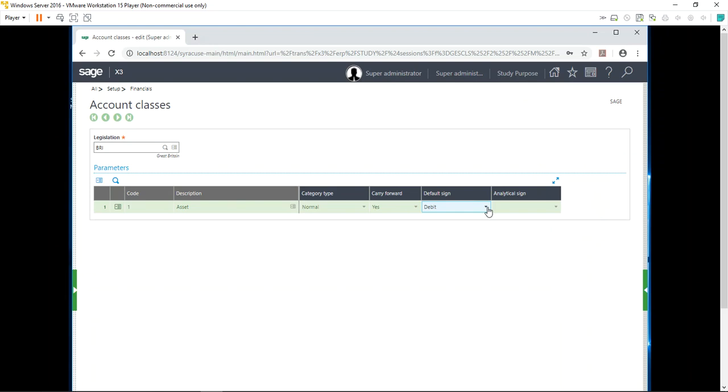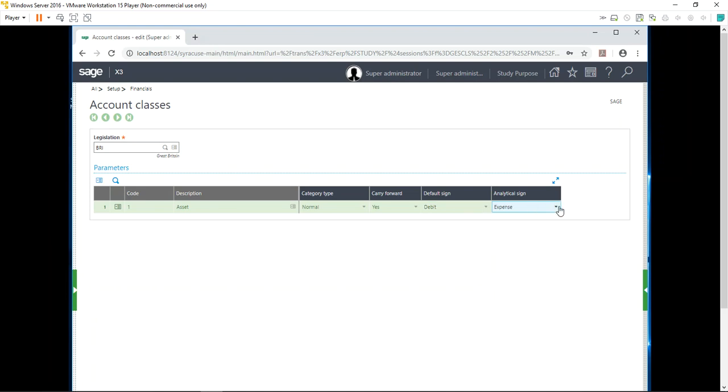Then the default sign is the normal balance, which we already discussed many times in my previous videos. The asset normal balance is the debit side. The next one is the analytical sign.